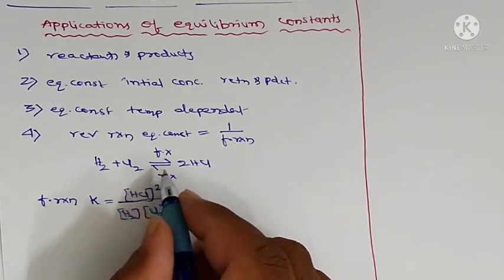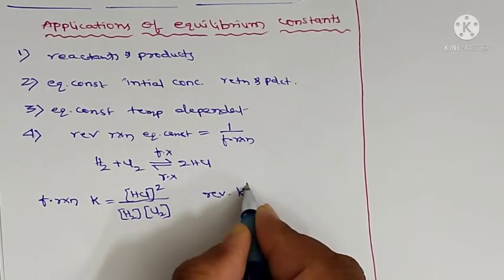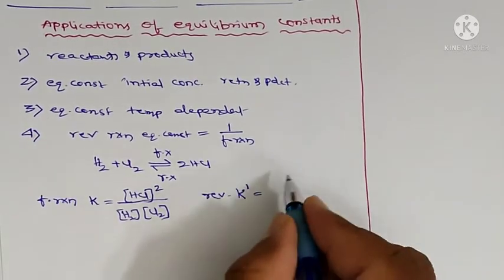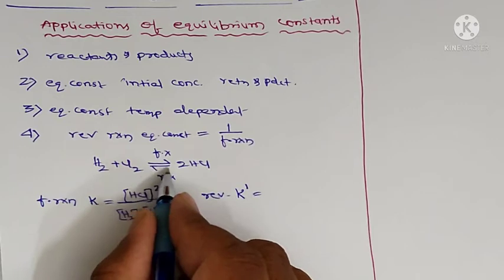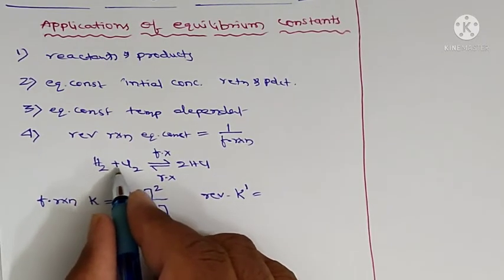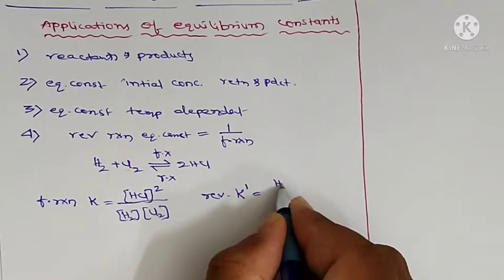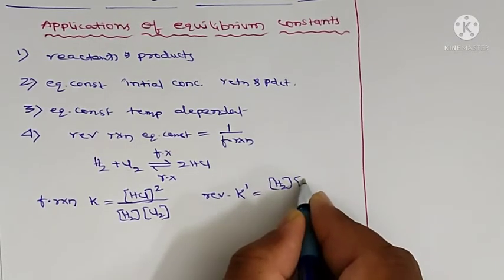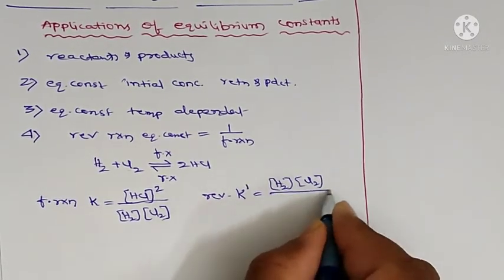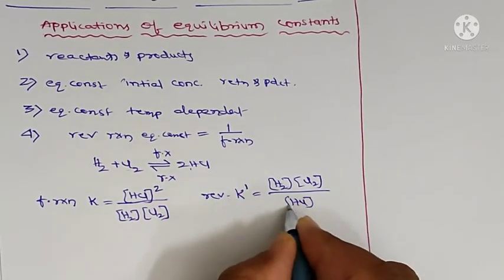For the reverse reaction, equilibrium constant K dash: HCl is the reactant, and H2 plus Cl2 are the products. So the products' concentrations, H2 and Cl2, divided by HCl concentration power 2.